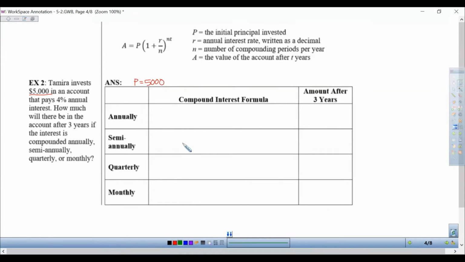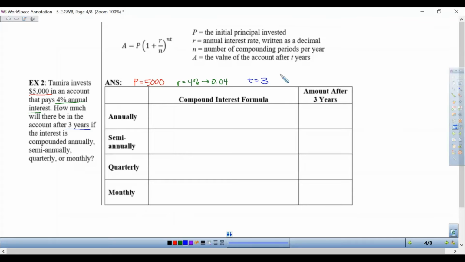And then the rate is 4%. Remember that as a decimal, that means it's 0.04. So that's the value that we'll use. And then how much will there be in the account after 3 years? So T is 3, if the interest is compounded annually, semi-annually, quarterly, or monthly.